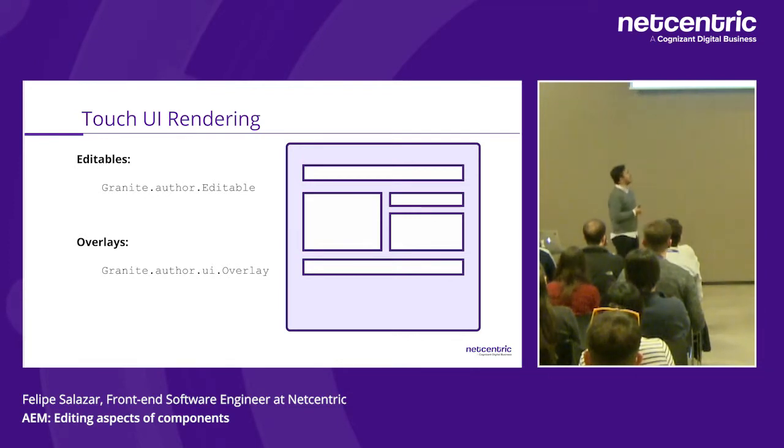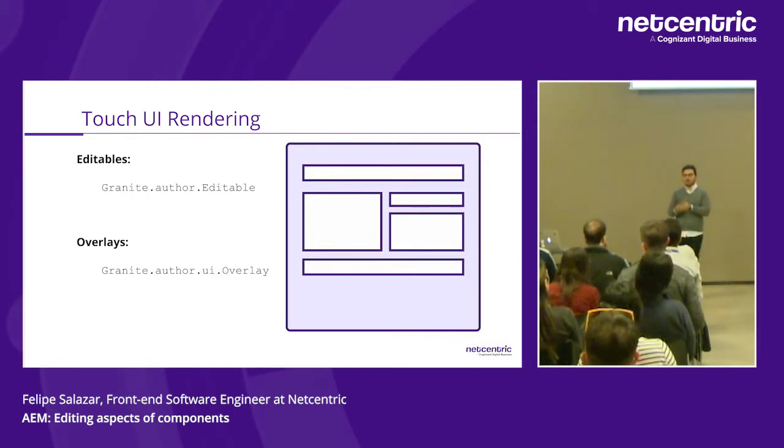Basically, every component that you have in your page in the editor mode has an editable object related to it. This editable object is basically the way that we have on the client side to modify our component. We can think of it like the model of the component on the client side.